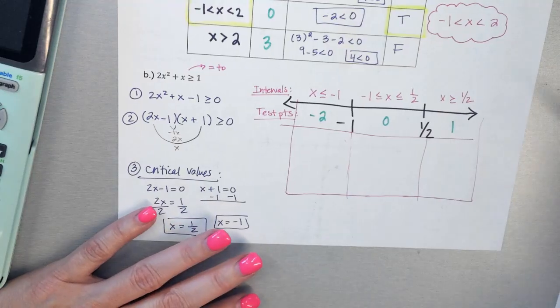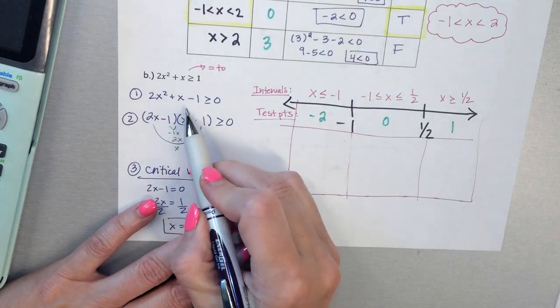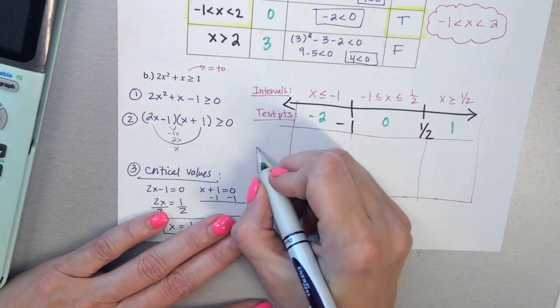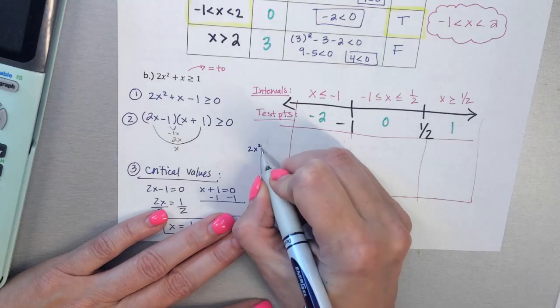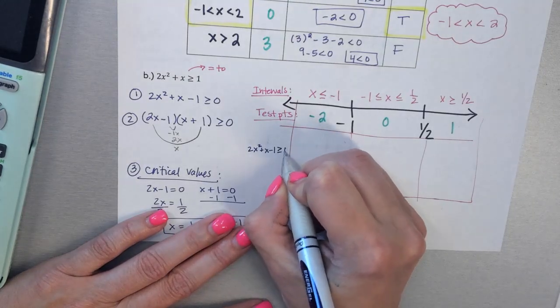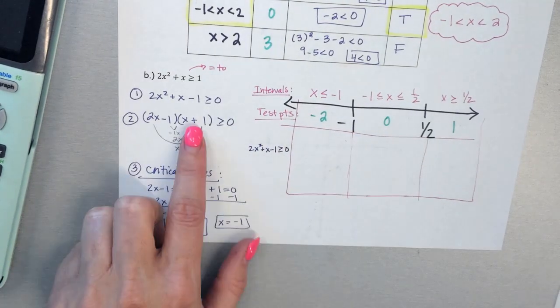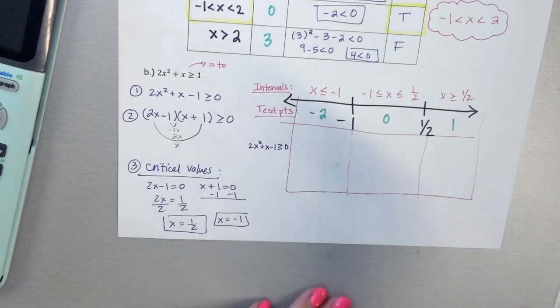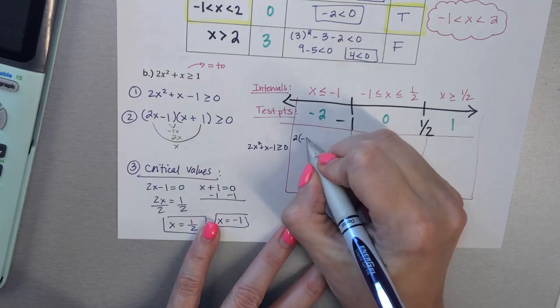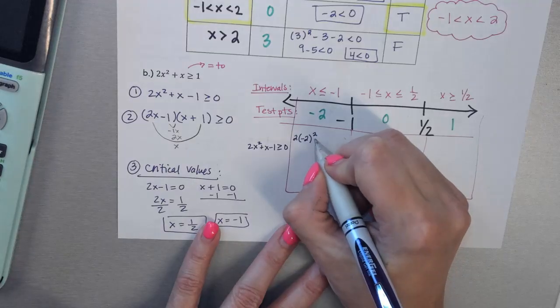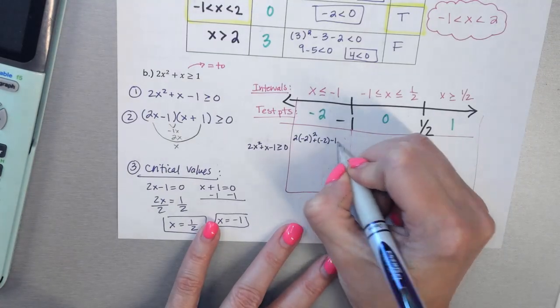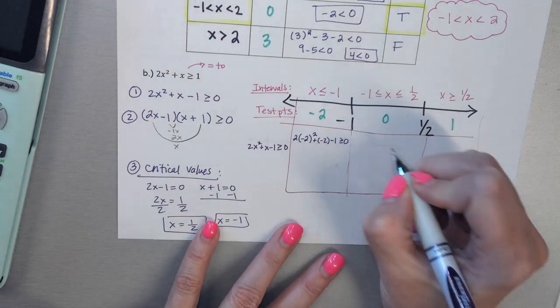You can decide what equation you're using. You could use this one or you could use the original. They're both going to give you the proper values. But I'm going to use the one where it's greater than or equal to 0. So it's 2(-2) squared plus -2 minus 1, and that's greater than or equal to 0.